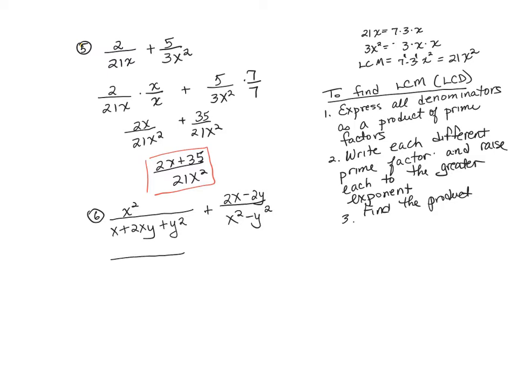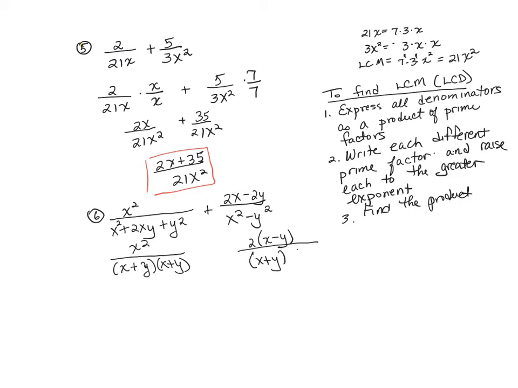A good idea is to factor everything. Factor this. So this is x plus y times x plus y. And this one comes out to be, I could factor out a 2 here, but I'm going to factor out the x minus y because watch what happens in this one.